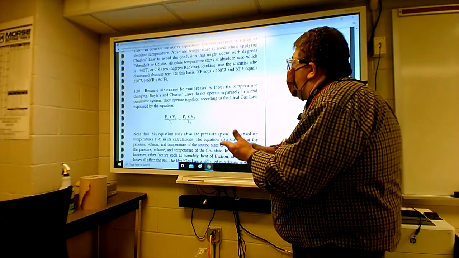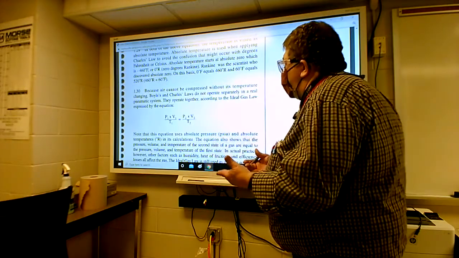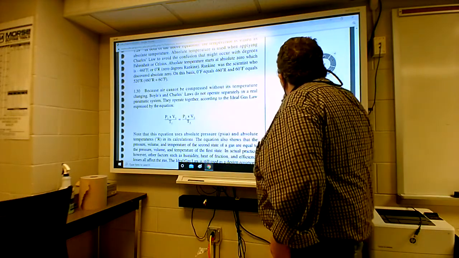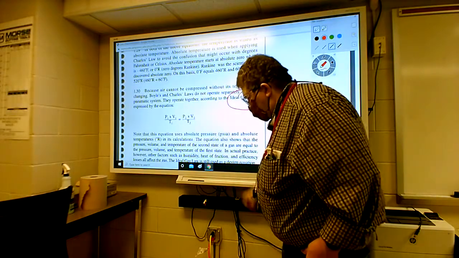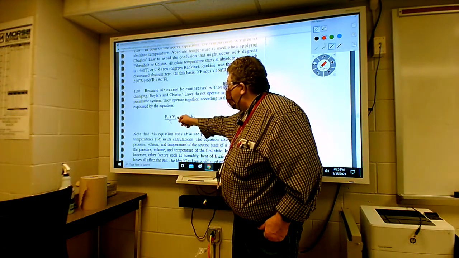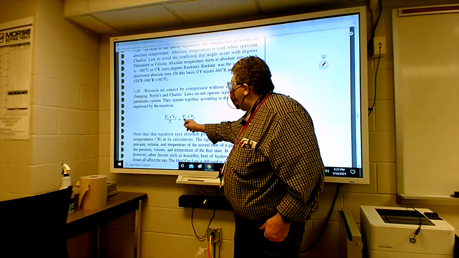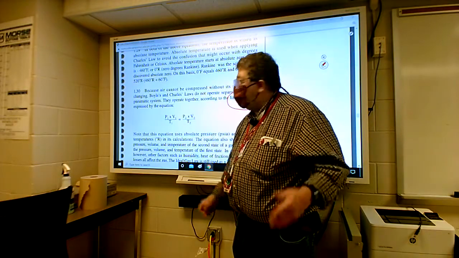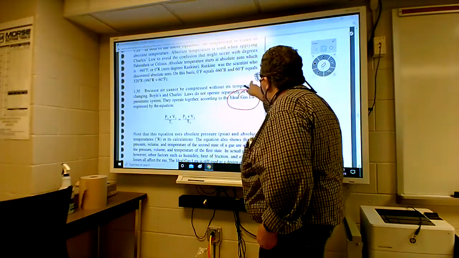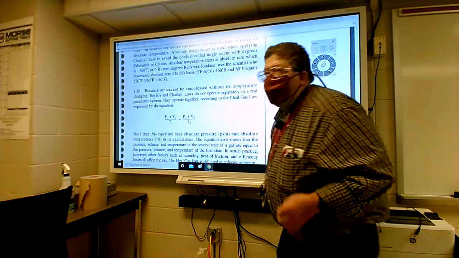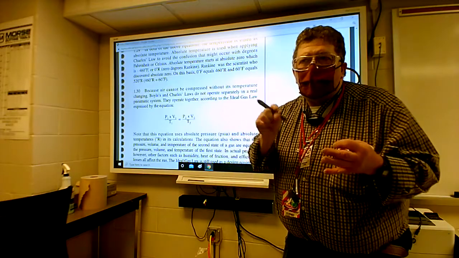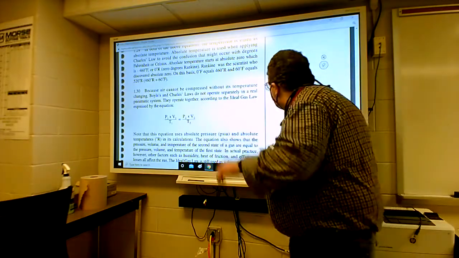It says that Boyle's law and Charles's law operate together according to the ideal gas law. So the ideal gas law puts it all together, and it says the initial pressure times the initial volume divided by initial temperature would equal the final of all of that. But you're talking about an ideal law that does take into account the reality of some little bit of losses that happen in real life.